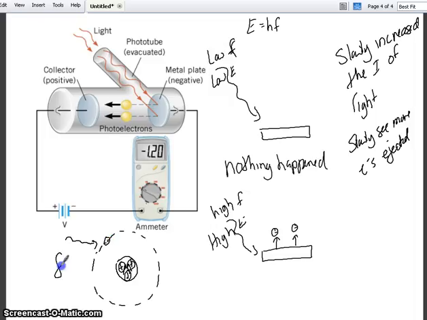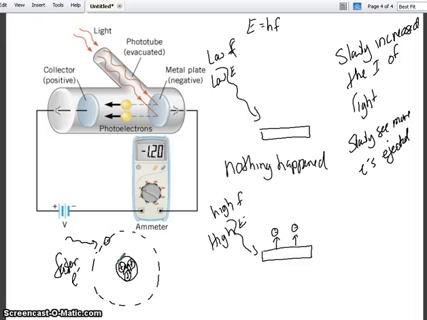So now we have a faster electron. And if this thing starts moving fast enough, the orbit's going to increase a little bit, and what would happen is this thing would just leave. So it gets more energy, it's going fast, it's going to break away. The force holding it in can't hold it anymore. Let's make sure we have that idea in our head as we're talking about this.